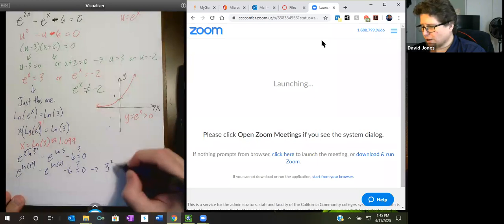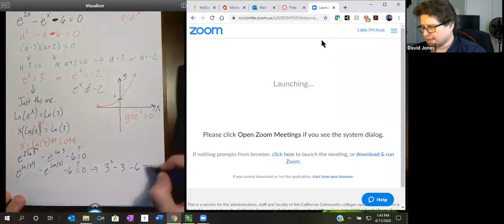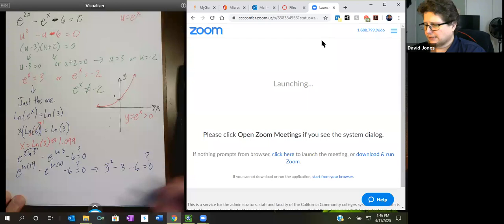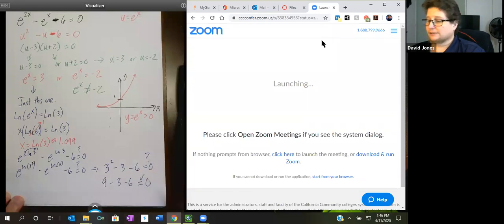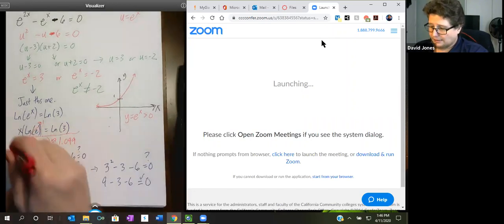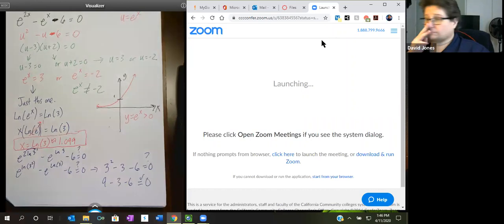We get 3 squared minus 3 minus 6, does that equal 0? 9 minus 3 minus 6 does equal 0. So x equals the natural log of 3. I wish I hadn't put the wrong problem down first. I kind of made it up on the spot.